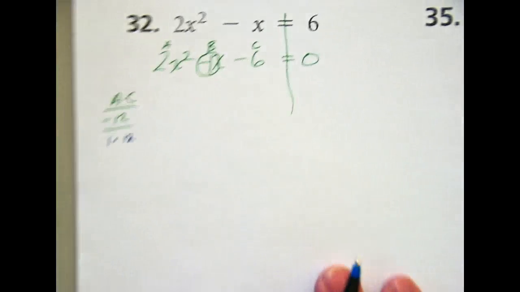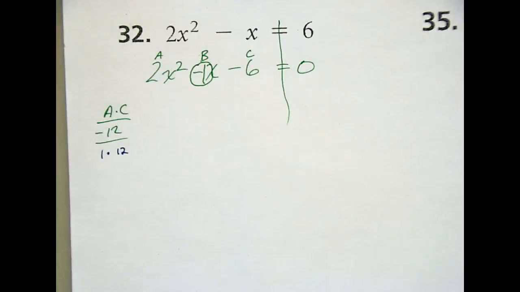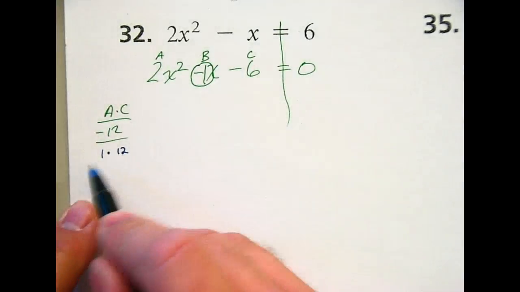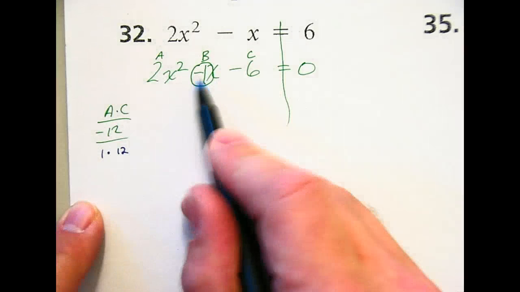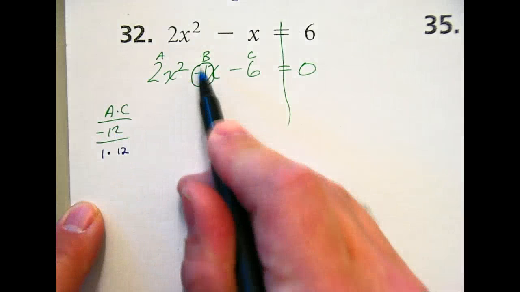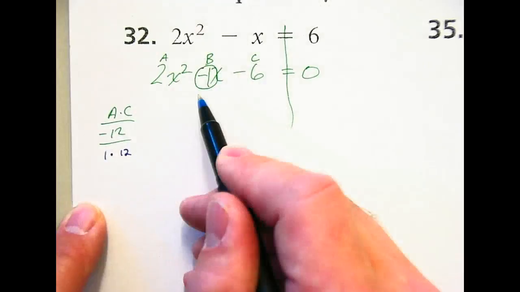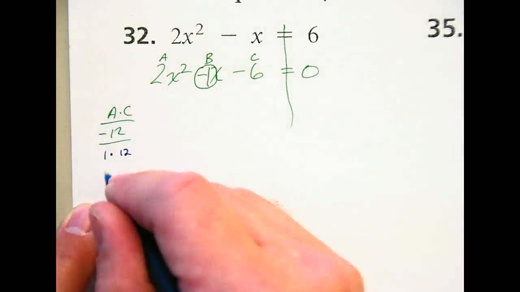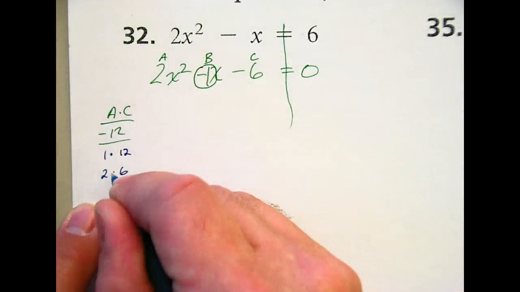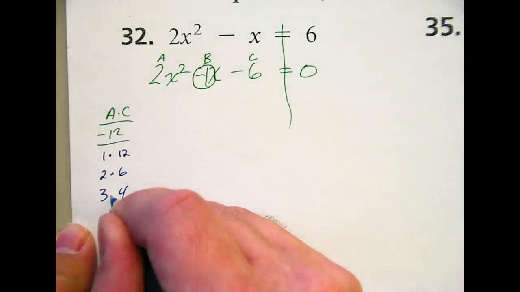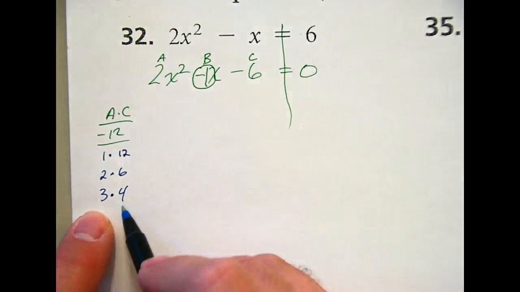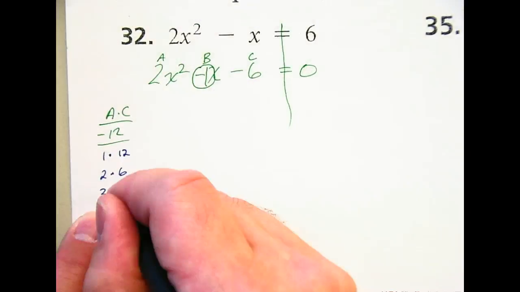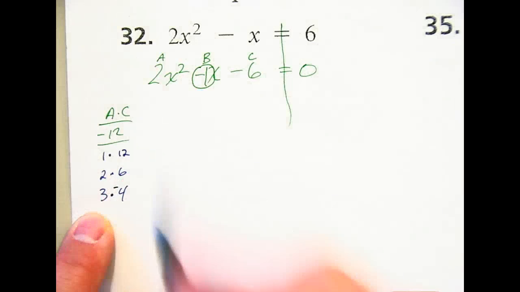If I say negative 1 times positive 12, will that add to negative 1? No. How about negative 12 times positive 1? No. Really I'm looking for 2 numbers that are factors of 12 that differ by 1. 2 and 6 doesn't, but 3 and 4 does. Because which one's negative? The 4 is. I need to have more negatives than positives.